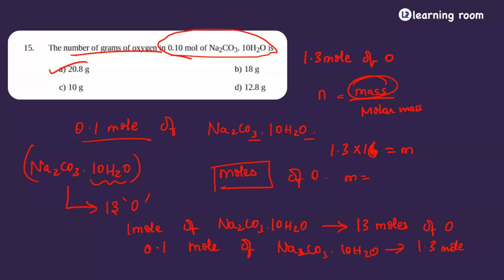Fine. So what approach did you find for this problem? You said that to know the mass, we need the moles of oxygen. That was the right approach. To know the moles, from where do I identify them? They will give it in any way they want: find it in 0.1 mole, find it in 0.8 mole. The only thing I have to do is: if 1 mole has this much, how much do so many moles have. So in every case, you can easily grab the details of what is in 1 mole of the substance. Very simple.